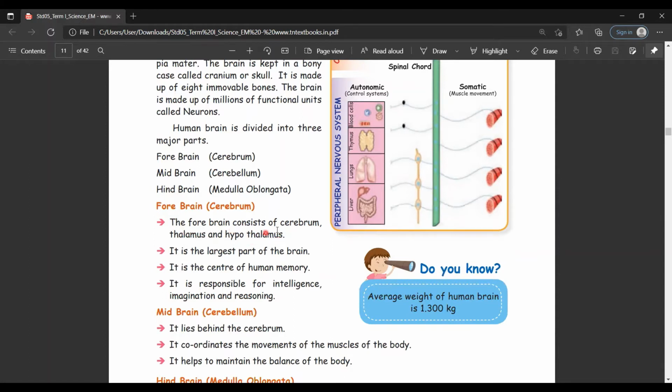It is the largest part of the brain. It is the center of human memory. So, which is the center of human memory? Forebrain, that is cerebrum, is the center of human memory. And it is also responsible for intelligence, imagination, and reasoning.